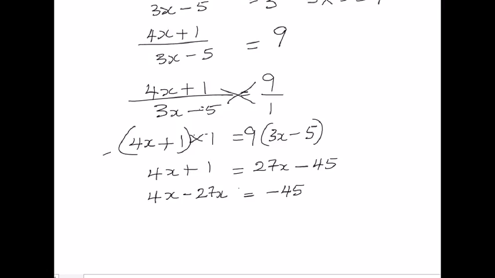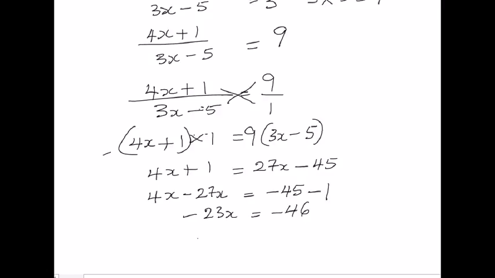Is plus 1 here, it will cross the equal sign, it will change the sign to minus 1. So 4x minus 27x equals minus 23x. Then minus 45 minus 1 will give us minus 46.